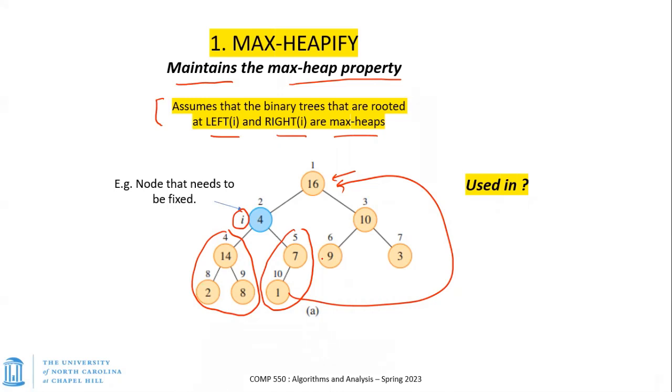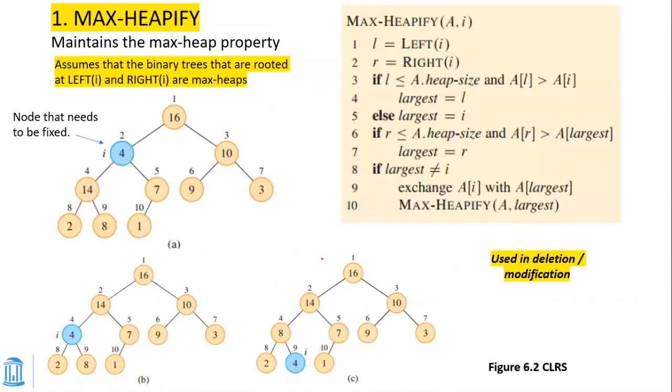So this is clearly going to be used in the deletion, where you're doing a bubble down. And perhaps it could also be used in modifications, and you can think of different ways where this particular procedure could be used. So we went through this in the last lecture. So let's just go through it very briefly and see how this would work.